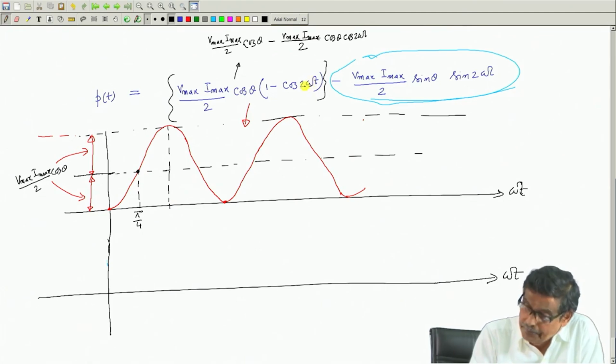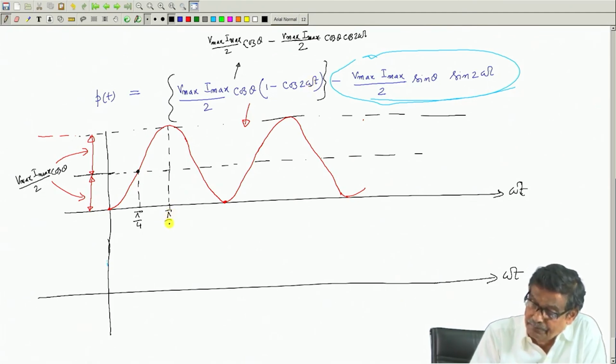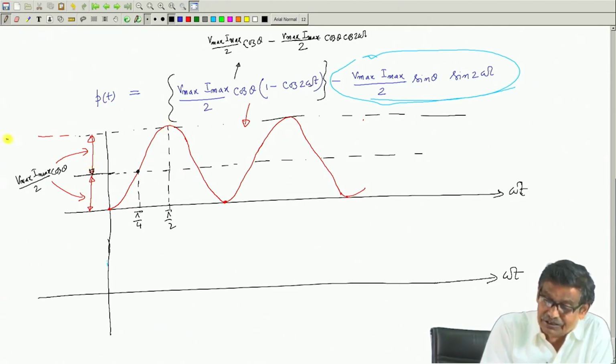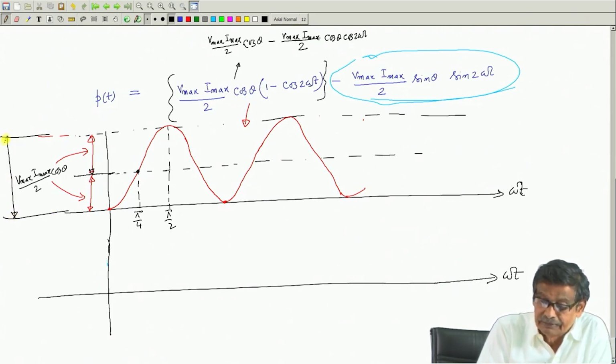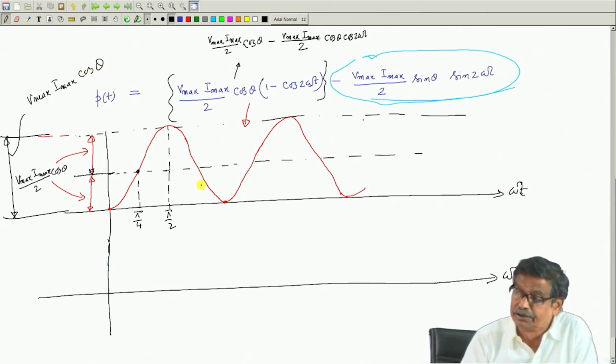And this one will be how much? Cos pi, this should be. Why? Because at pi by 2 this is cos pi, minus 1, minus minus plus, 2 and 2 cancel out, and this whole length is V max I max cos theta. So, this whole thing is V max I max cos theta, that it is doing.